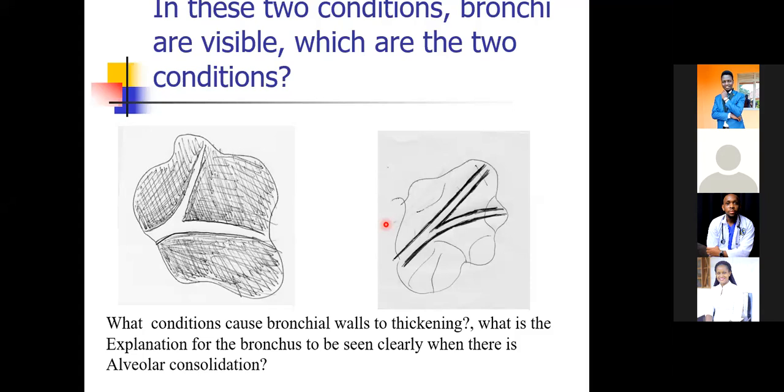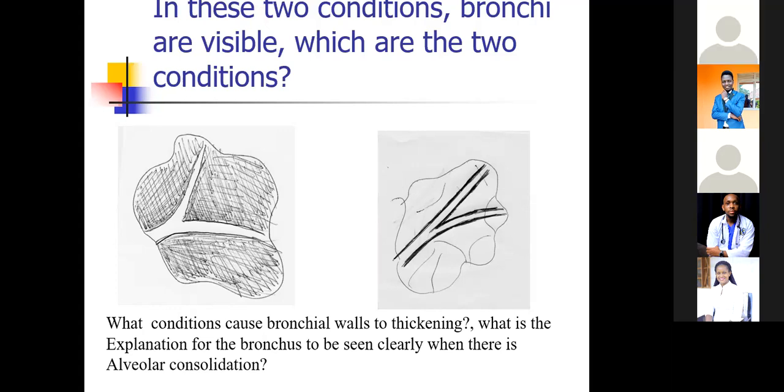So for us in radiology, we restrict ourselves to just a silhouette sign. If there is loss, or if I borrow your word, obliteration of a boundary, we clearly talk about a silhouette sign.